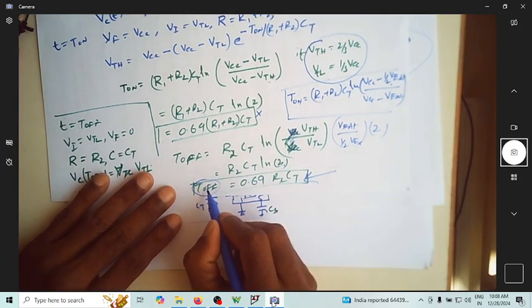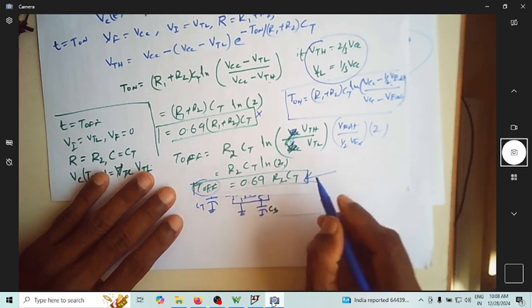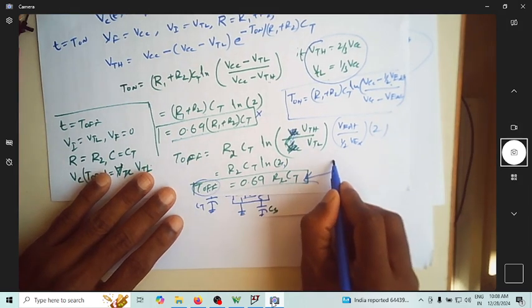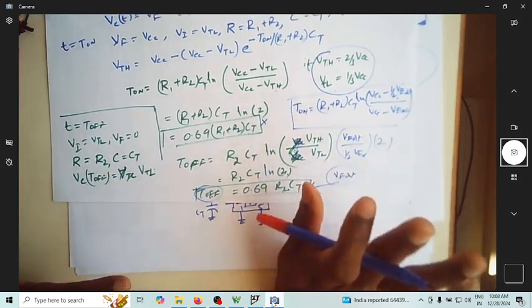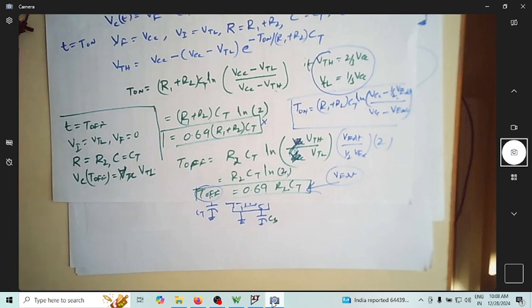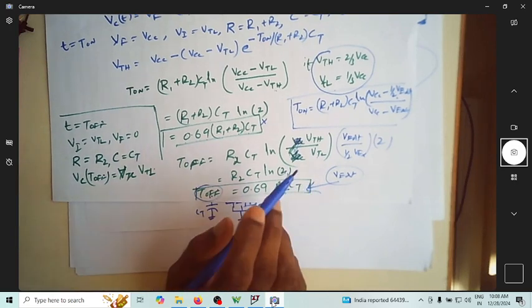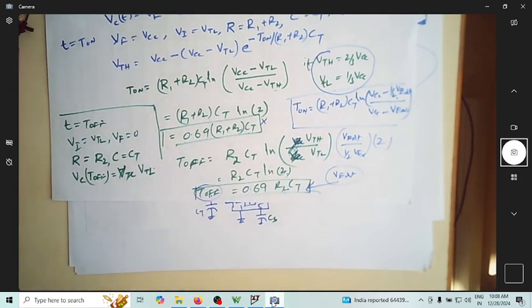The off time remains constant whether you connect an external voltage to pin number 5 or leave it open. So T off is independent of the control voltage. That will just demonstrate.